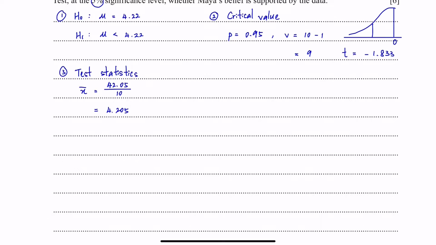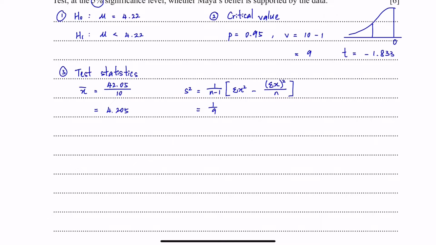What about our s squared value? S squared has the formula of 1 over n minus 1 times the sum of x squared minus the sum of x squared over n. So now we can plug in the values.